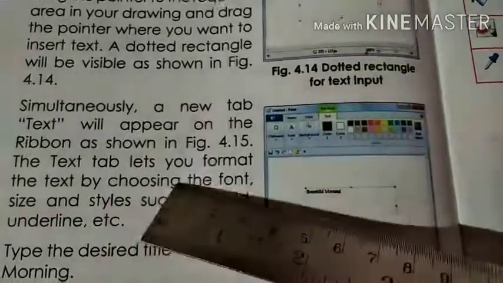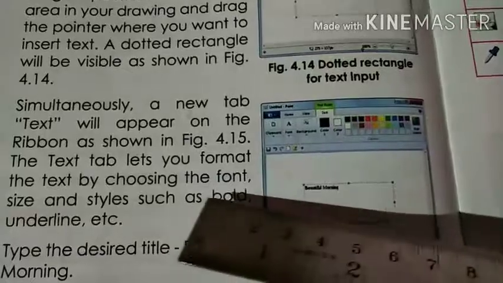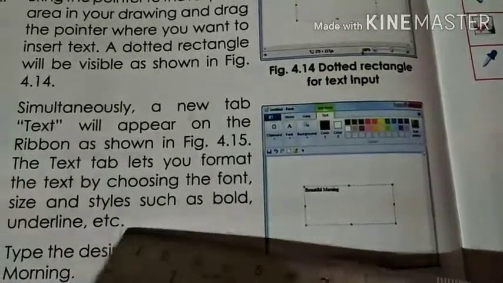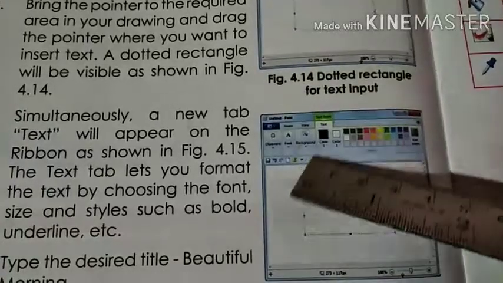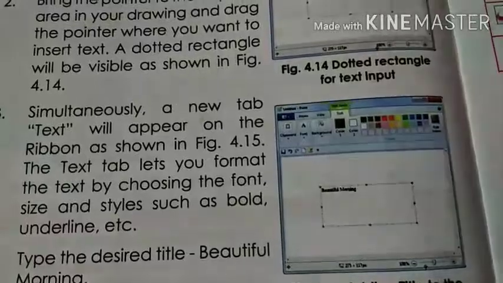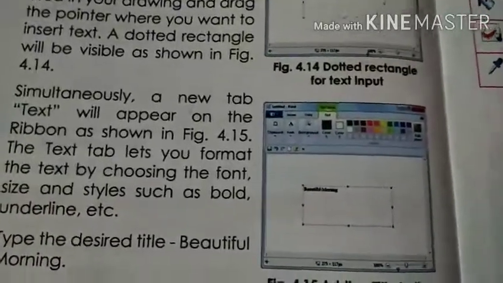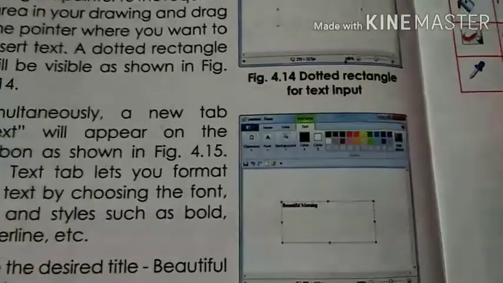The Text tab lets you format the text by choosing the font, size and style such as bold, underline or italic, etc. You can change the font, the color, the size, or you can make it bold or highlighted. You can underline the text as well.